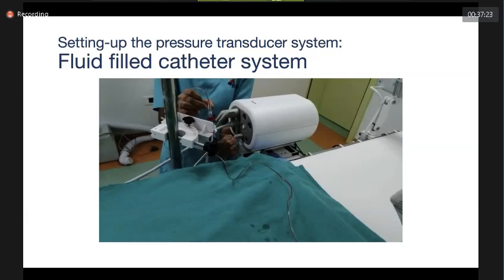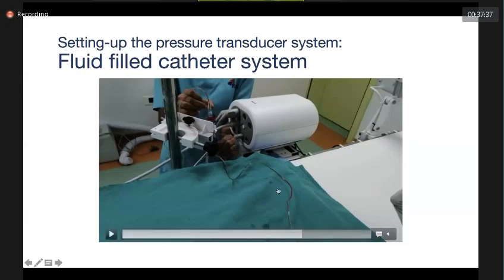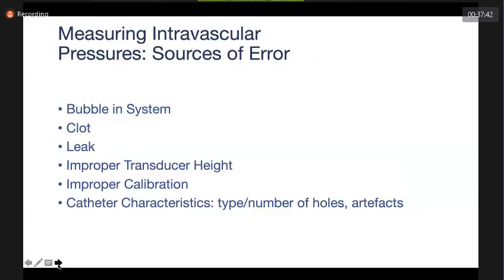If you use that kind, your pressure wave will not be recorded. Similarly, if you have a stiffer connector, like the one you use for the angiogram, which is a different tube compared to the pressure tube, you will have high rigidity and your system is going to be overdamped.